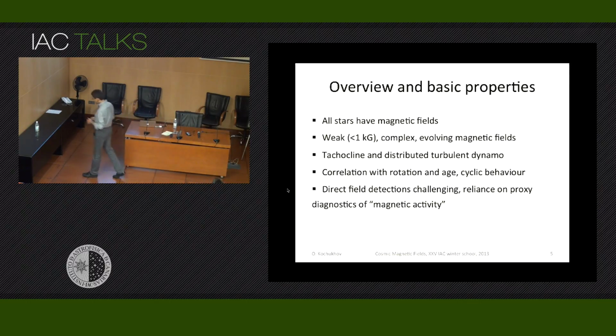There are all these kinds of dynamo theories describing how field can be generated. In particular, for these stars, there is a question whether or not magnetic field is primarily generated by the shear at the base of the convection zone, the so-called tachocline dynamo, or maybe by a more distributed dynamo process in the bulk of the convection zone.